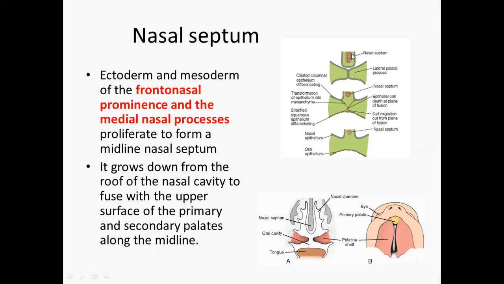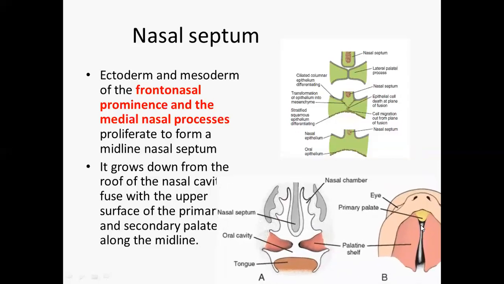Then it will grow downwards towards the meeting lateral palatine processes and the premaxilla or the intermaxillary segment. And finally, it will divide the nasal cavity into two parts, as well as divide the nasal cavity from the oral cavity.